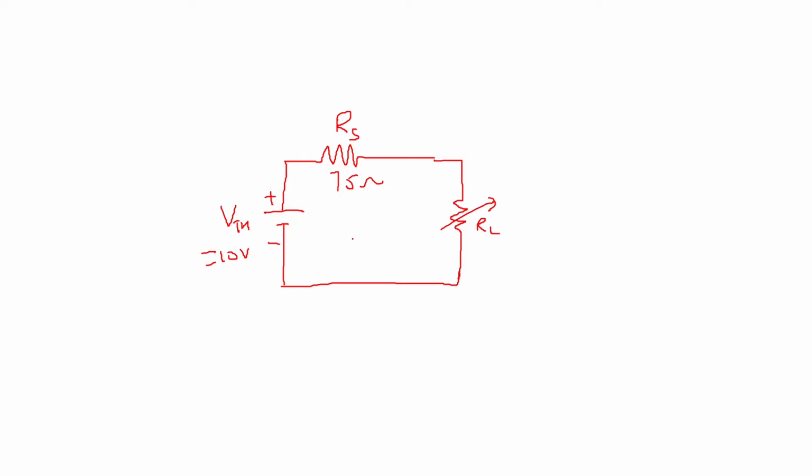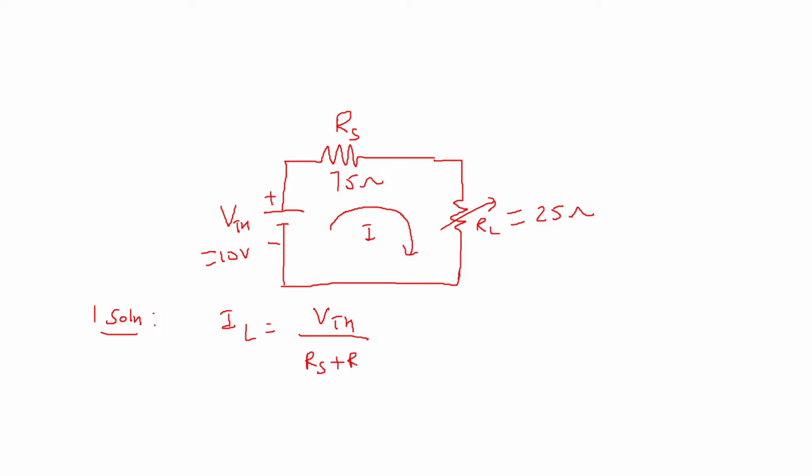Now if the load resistance is, say, 25 ohms, how much is the power delivered? The solution says that first we have to find the current flowing through the circuit, given as IL equals VTH upon RS plus RL.